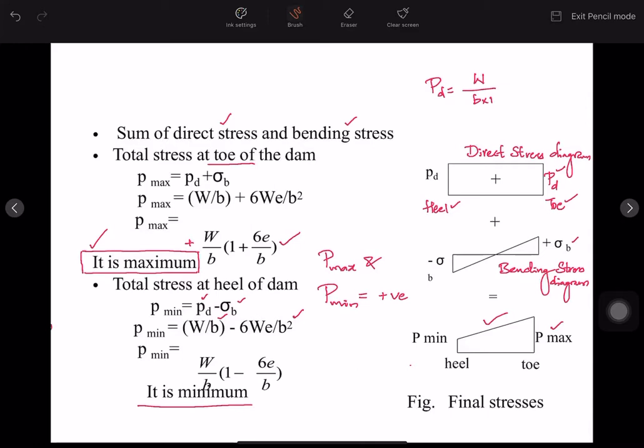So these values, I mean these equations, you need to remember for your numericals, so that it will be easier for you to just substitute the values given in these equations, and ultimately you can get the required answers.